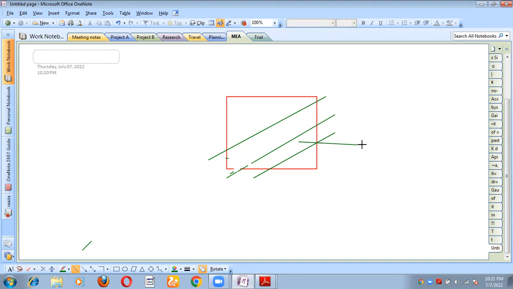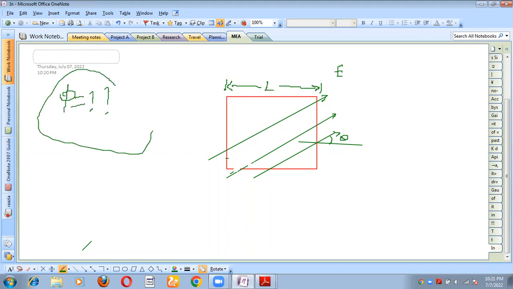Suppose this is the horizontal direction. So this line is making angle theta. In the question, it is given that the side length of this square is A. Then we have to find the flux of the electric field.